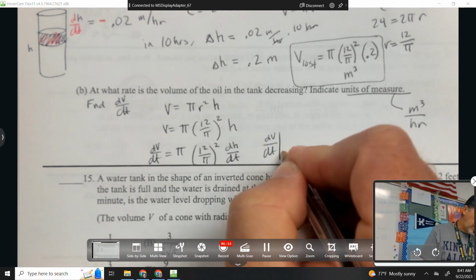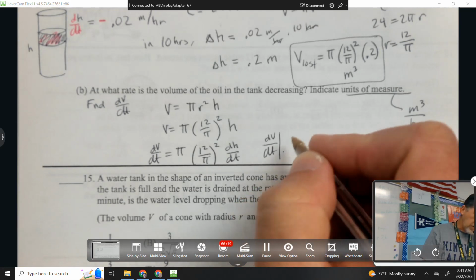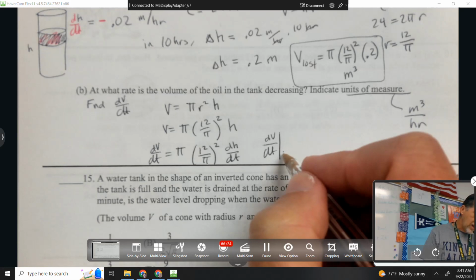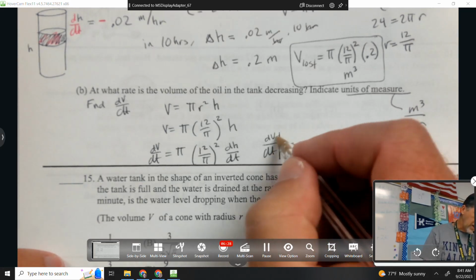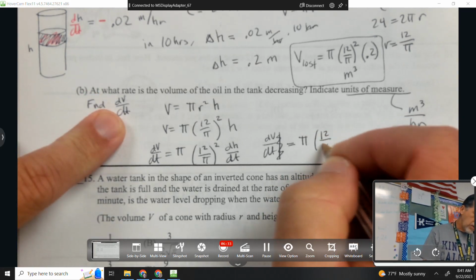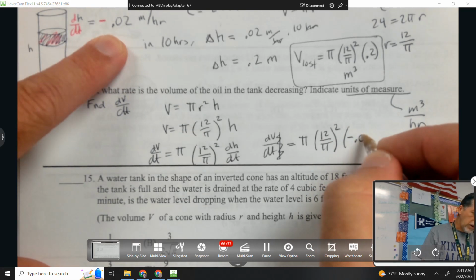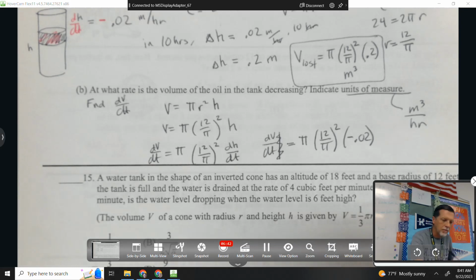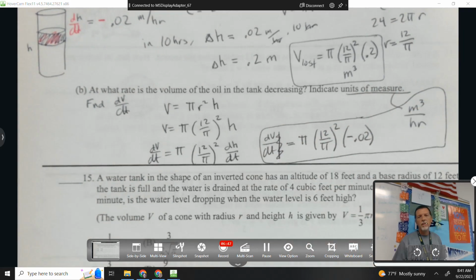So dV dt doesn't depend on h, it's a constant. Let's plug in dh dt, which is negative 0.02, and stop, right? That's calculator ready, so I'm not really going to mess with that. I already have the units, meters cubed per hour.